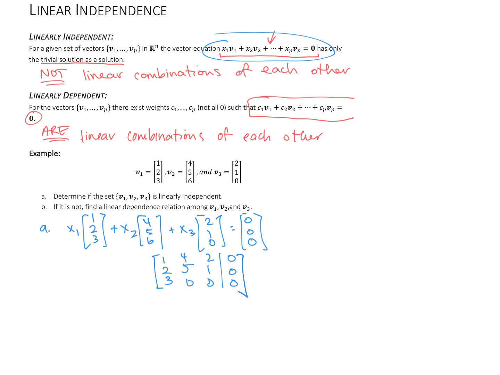Another symbol that I'm going to introduce here, and you'll see me use it a couple of times today, is this little tilde. We use this symbol to represent row equivalency.